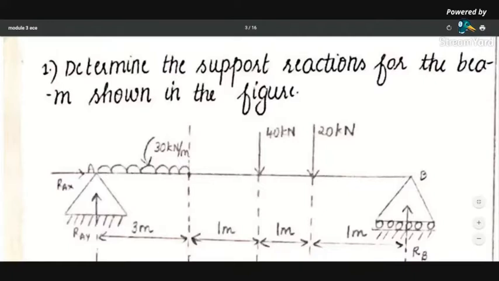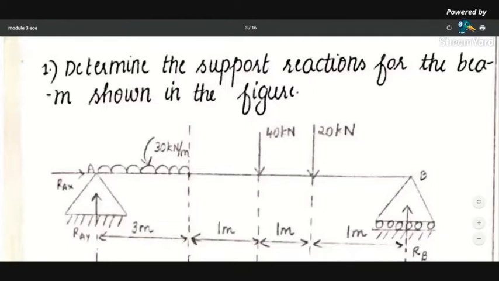A very simple question this is. You don't have any complicated steps. So A, B, you have 2 points. At A, you have a hinged support. At B, you have a roller support. And in between, you have 2 point loads of 40 kilonewton and 20 kilonewton.